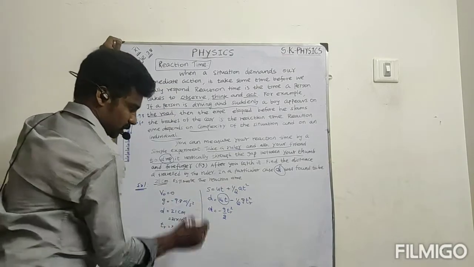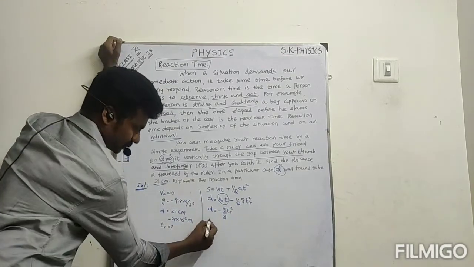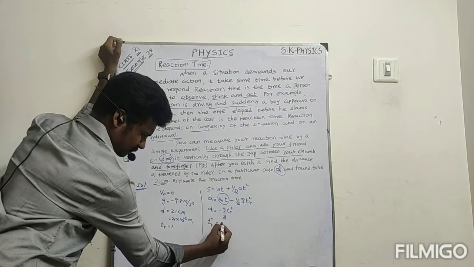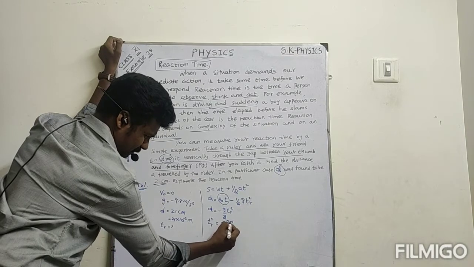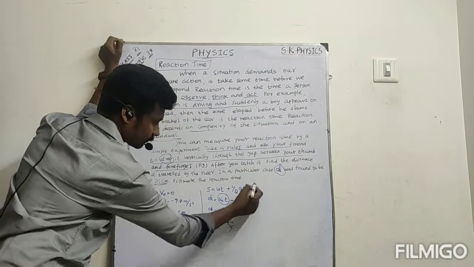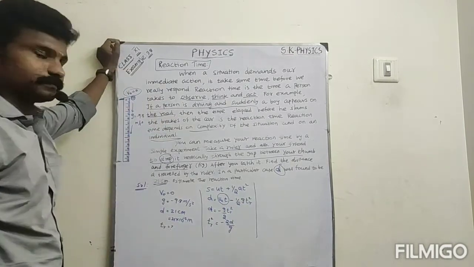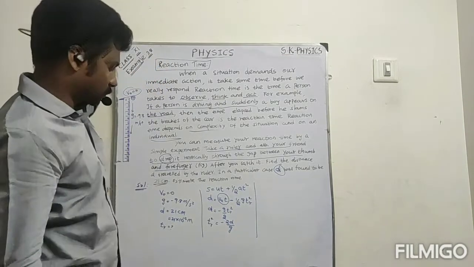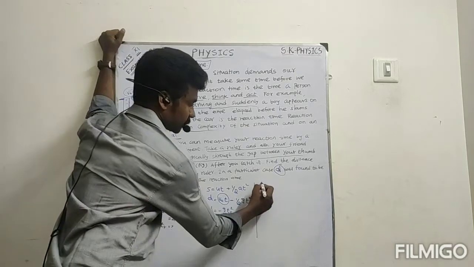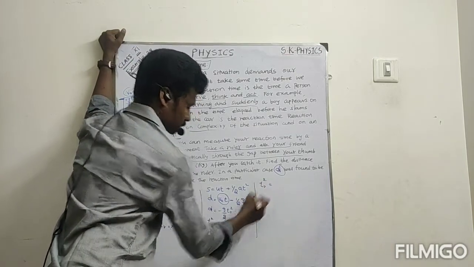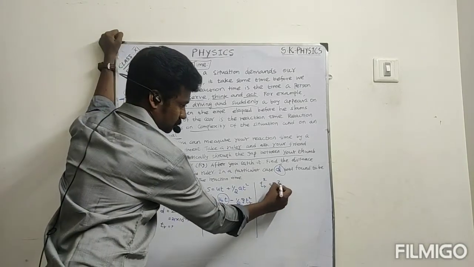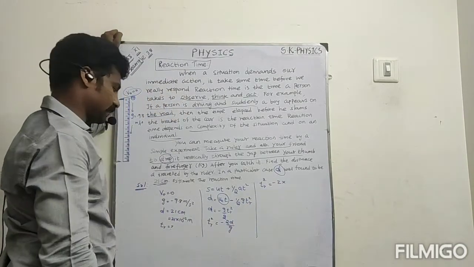Now tr square, that is reaction time square, is equal to minus 2d divided by g. Listen. So now tr square is equal to minus 2 into d value.